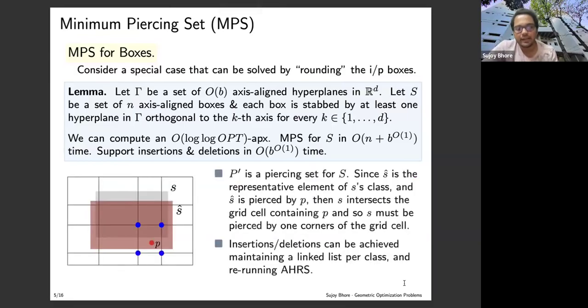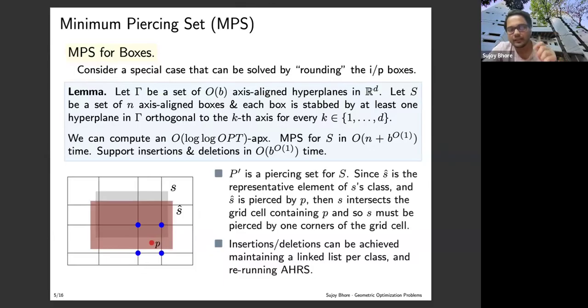So let's look at why this is a valid solution in the first place. The claim is that P prime, which is formed by taking all the grid points around this point P, the 2^d many points around P, is a piercing set of this set S. Now, in this example, notice that for the class that S hat belongs to, there is this red rectangle, or red box.